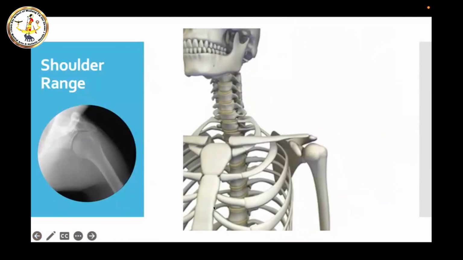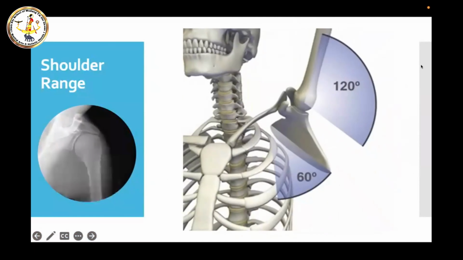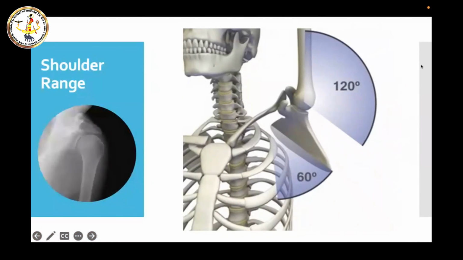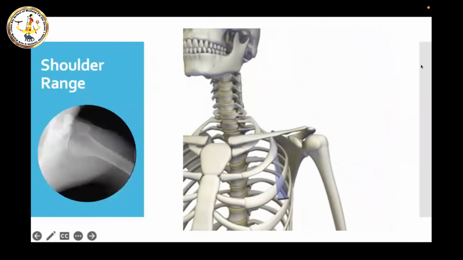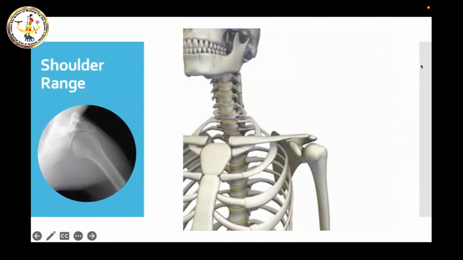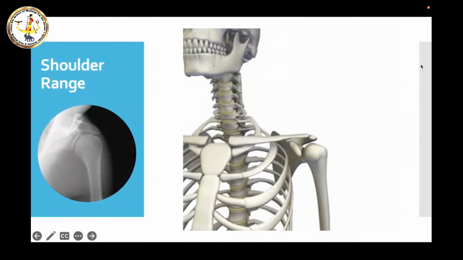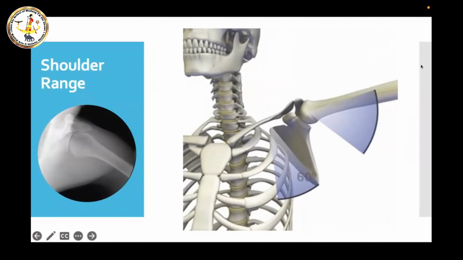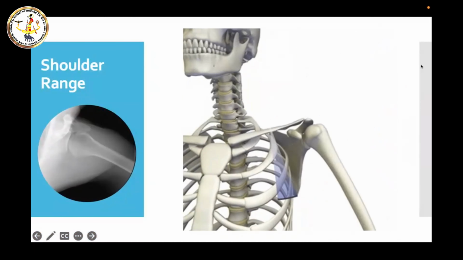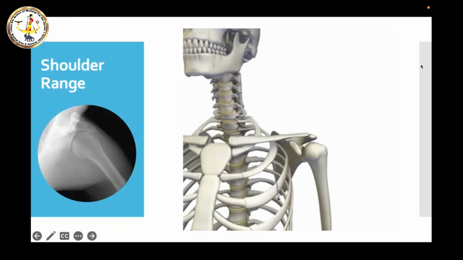Just from this angle, at what point do we start to see the shoulder raise above the first rib? The clavicle is going across just above the first rib. The first rib is connected into the sternum.